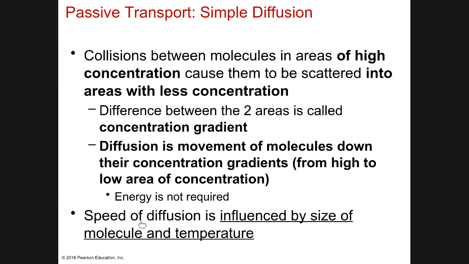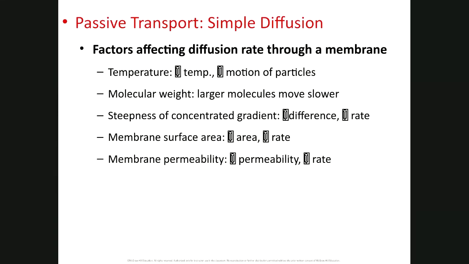Now, you can have different rates or speeds of diffusion, and this is going to be influenced by a number of variables. One thing that will affect how quickly diffusion happens is the size of the molecule, temperature, for example. And so actually that's what this slide has to do with.